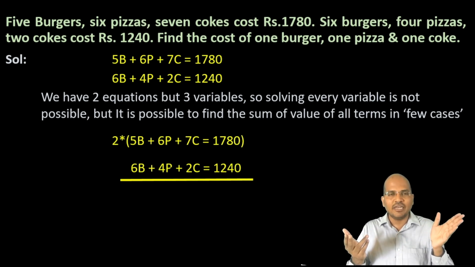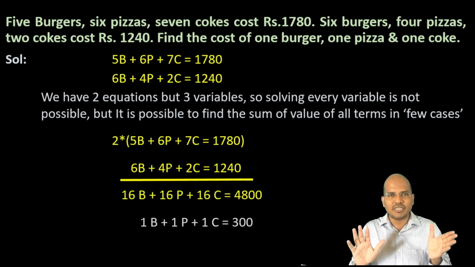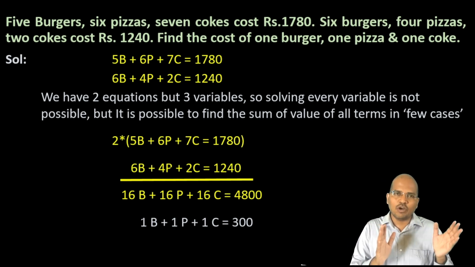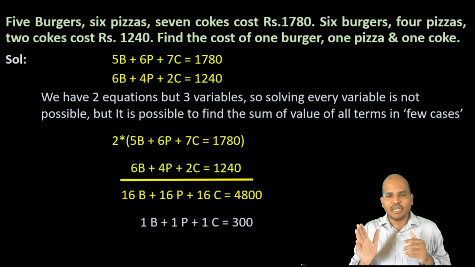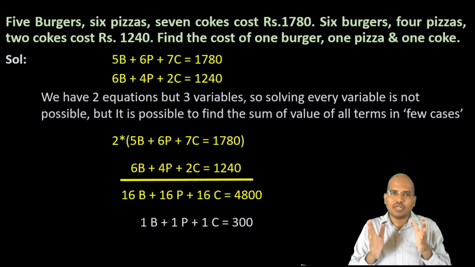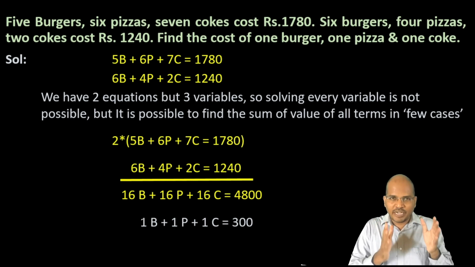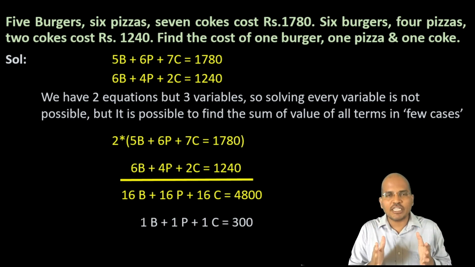So 2 into 5 is 10, 10 plus 6 is 16. 16 burgers plus 16 pizzas plus 16 cokes is 4800. Taking 16 common, you get 1 burger plus 1 pizza plus 1 coke is 4800 by 16, that is 300. So though you cannot find out the value of each object individually, there are a few cases where you can calculate their sum as a whole.